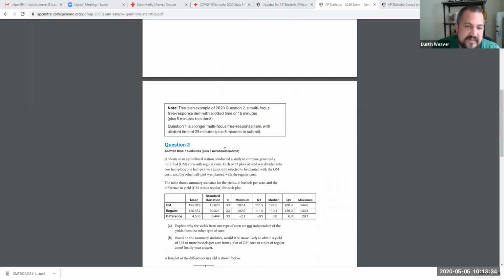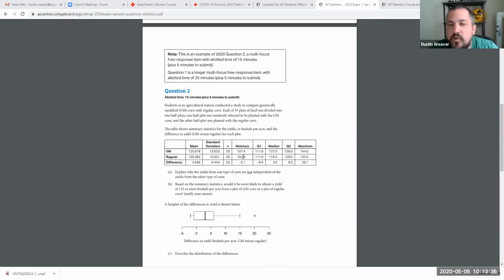It says, note, this is an example of a 2020 AP exam sample question number 2. Question number 1 is a longer question that you're expected to spend 25 minutes on and then give 5 minutes to submit. Sample questions number 2 are the 15-minute questions.